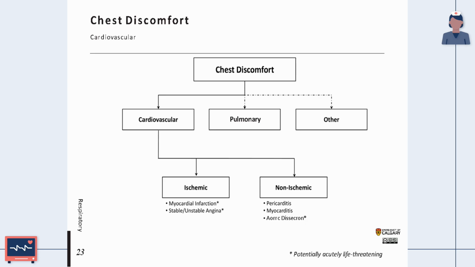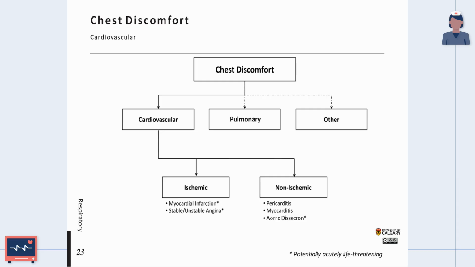In emerge medicine, I love my Calgary guide. This is the Calgary Black Book, where they take common presentations and have this algorithm of differential diagnosis, which you should be thinking about. So when a patient is presenting with chest pain, we're not just thinking about cardiac chest pain, we should be thinking about multiple other organs as part of our differentials.